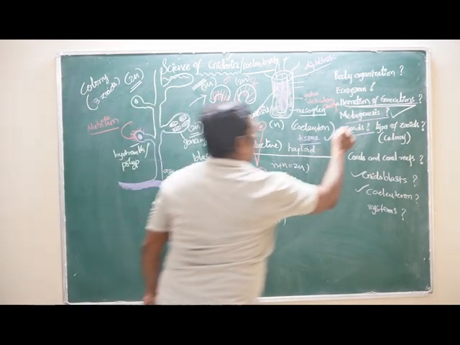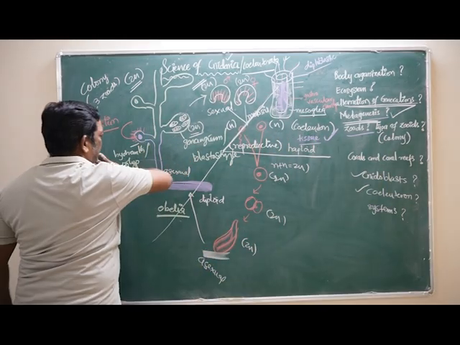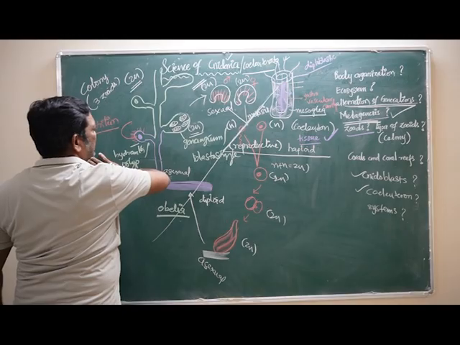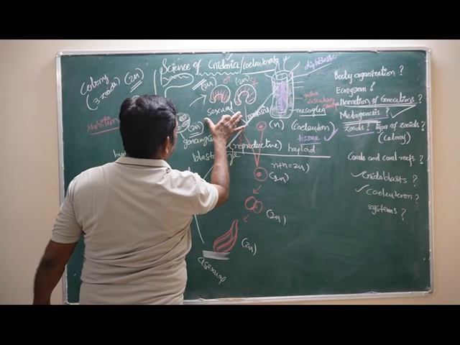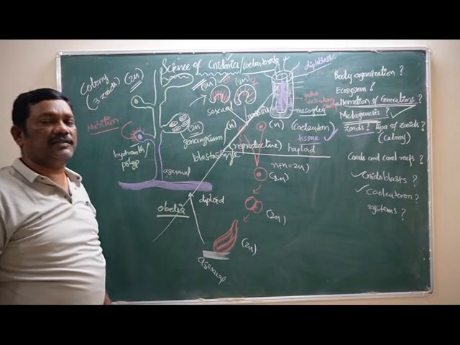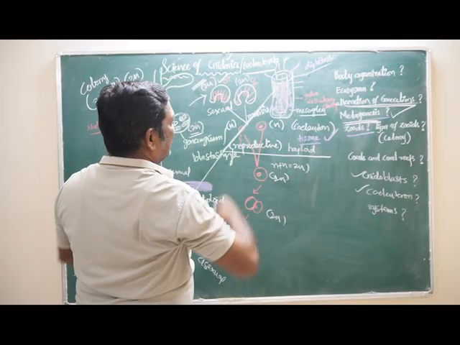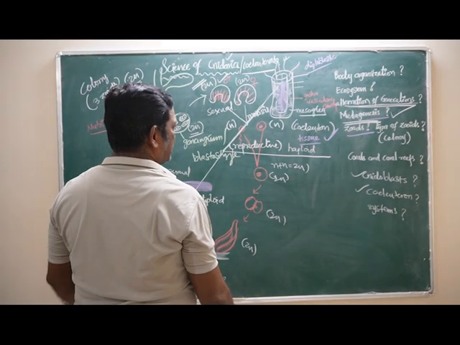This is called metagenesis. Only the gametes are in haploid state. The asexual form, the adult organism, and the sexual forms, the medusa, are in diploid state. That is called metagenesis. This is about Obelia: alternation of generations and metagenesis.